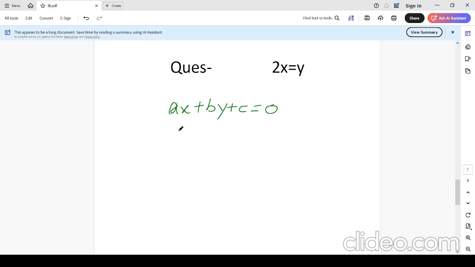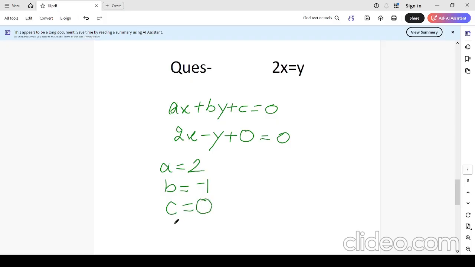So let's write it in the standard form. 2x, y will come to the left side, the sign will change, minus y, but there is no c, so what we can write is plus 0 equals 0. So here the value of a is 2, the value of b, which is the coefficient of y, is minus 1, and the value of c is 0.